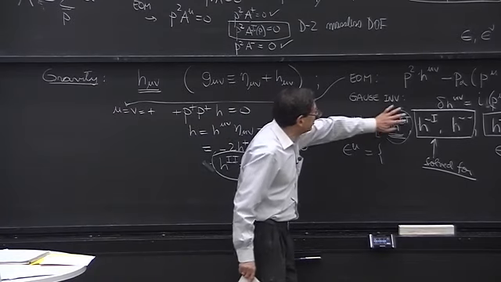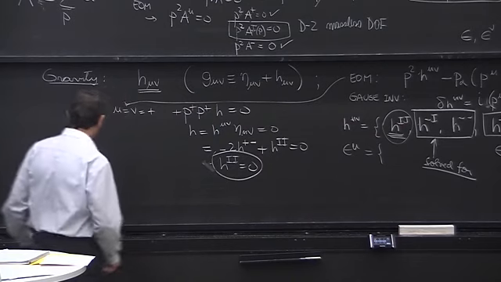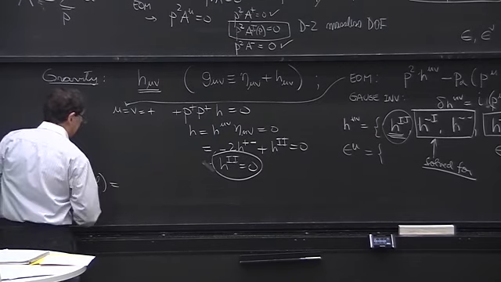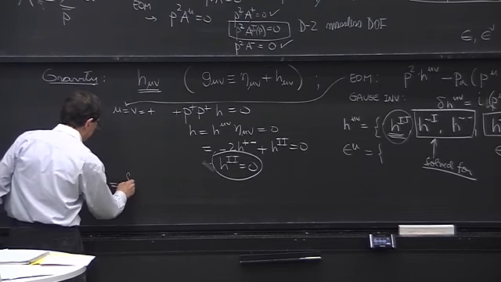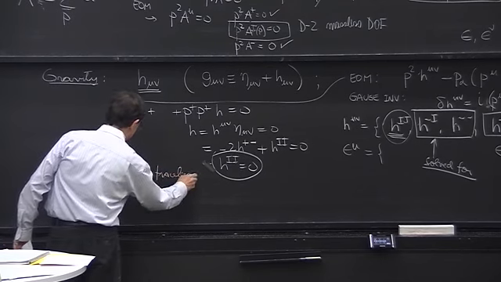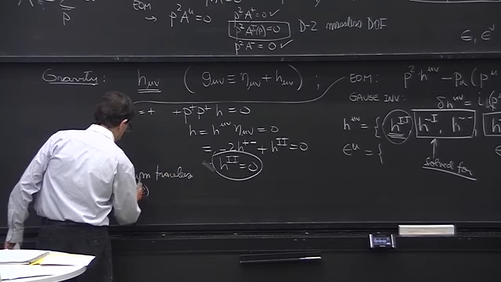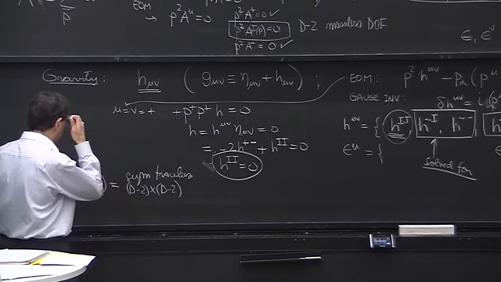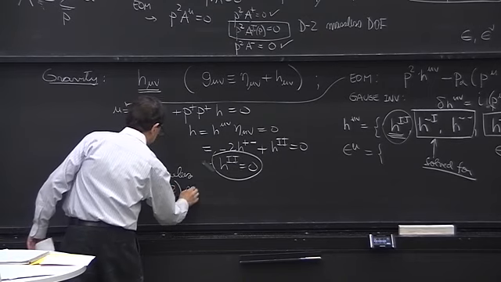Each index i and j is d minus 2. So the number of degrees of freedom is that of a symmetric, traceless, d minus 2 times d minus 2 matrix.